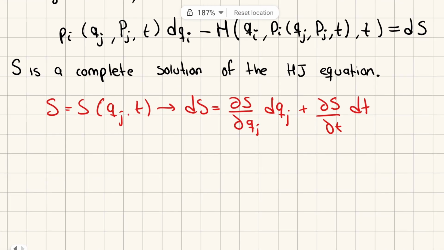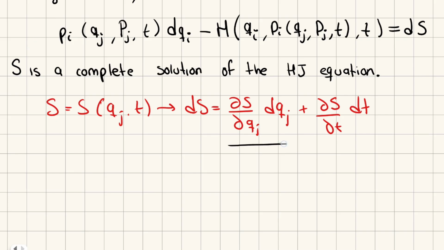But remember that we have been saying that these generating functions represent some equations. The first one is that p_j is equal to the partial of S with respect to q_j. So, as you can see, that is what we have here, I mean, p_i times dq_i.